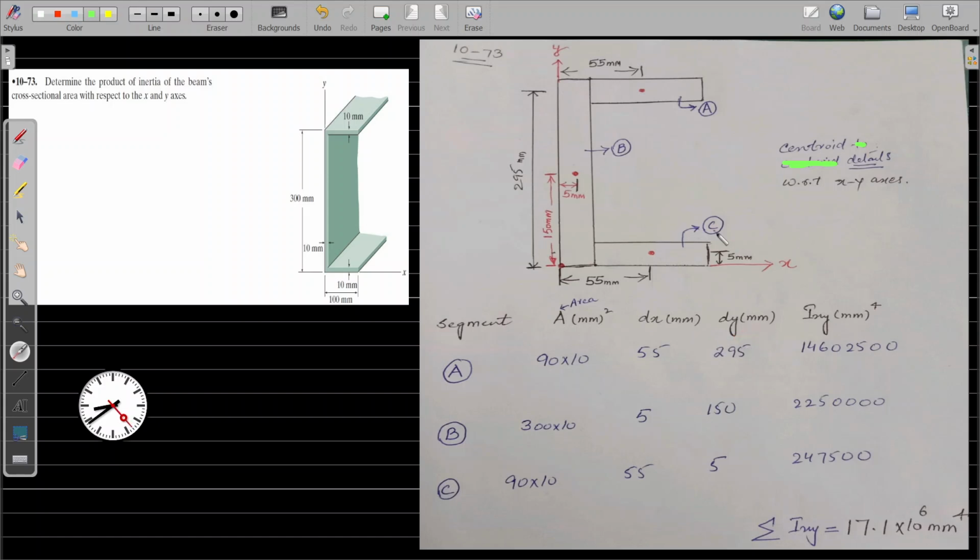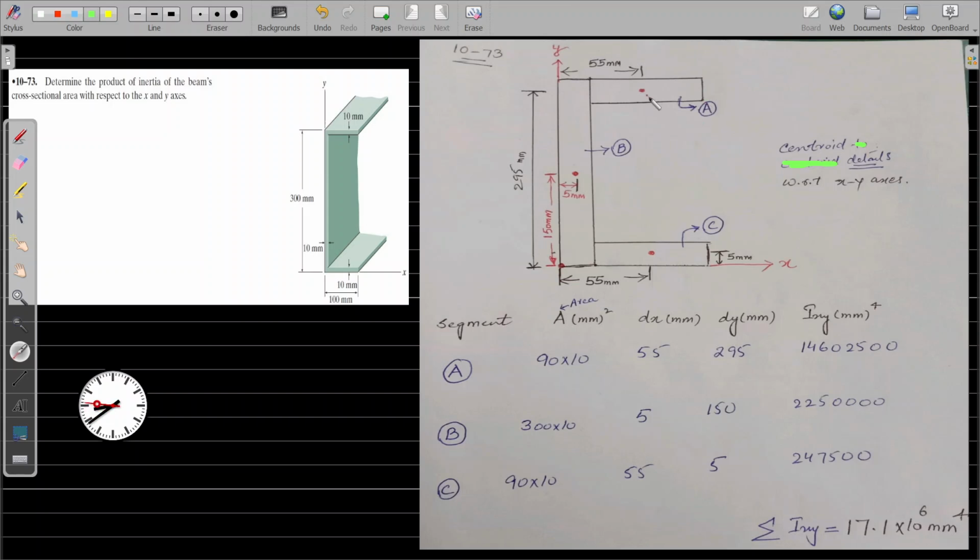This distance dy, again, this is our centroid of segment A, but we have to calculate the distance from the x-axis, which he has shown us in the figure. If you go from this point to this point, it is 300, and this width is 10.